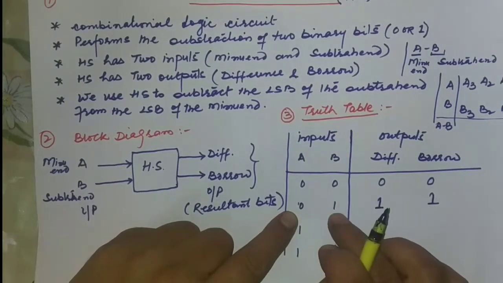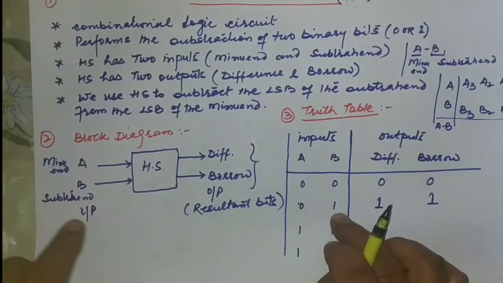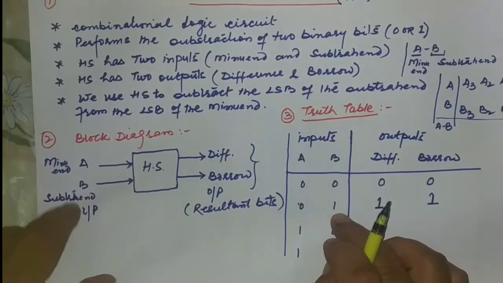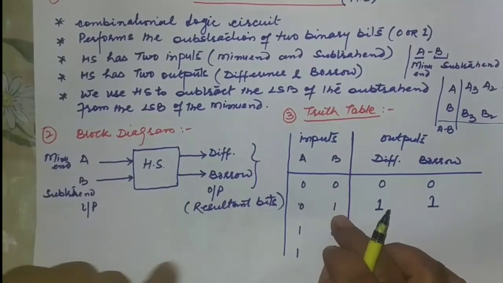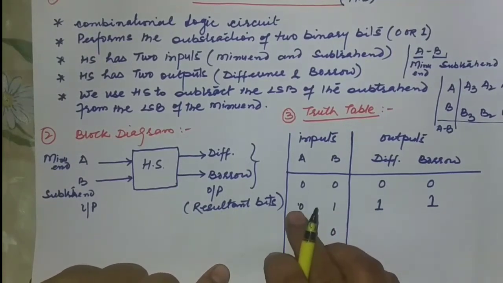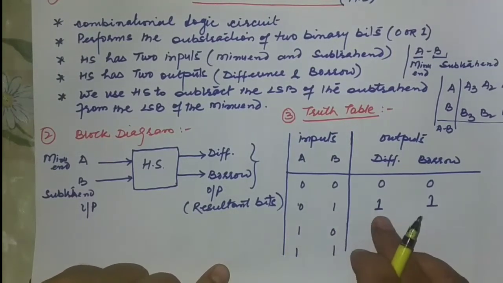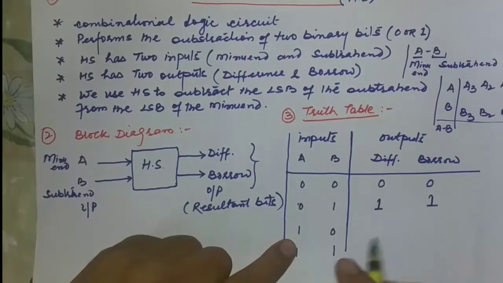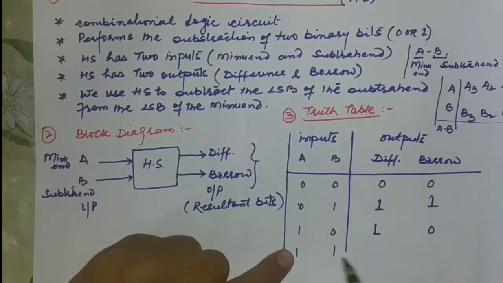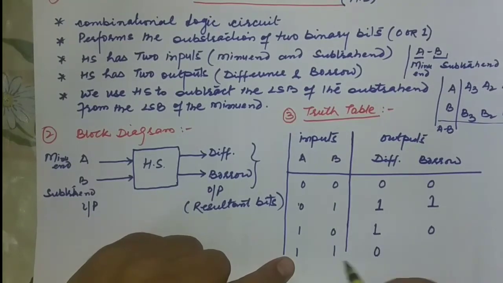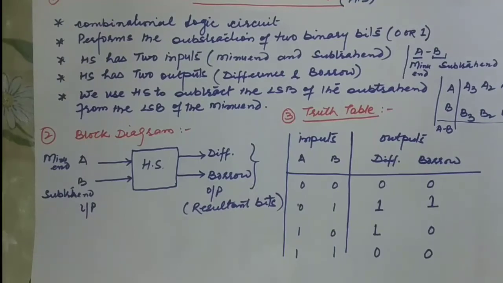So whenever B, means the subtrahend, is greater than the minuend, we always require to take one borrow. So borrow is 1. For 1 0, the difference is 1, no borrow is required. 1 minus 1 is 0, and no borrow is required.